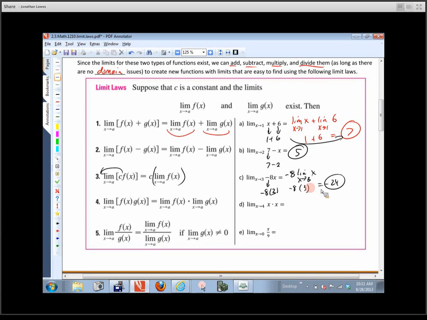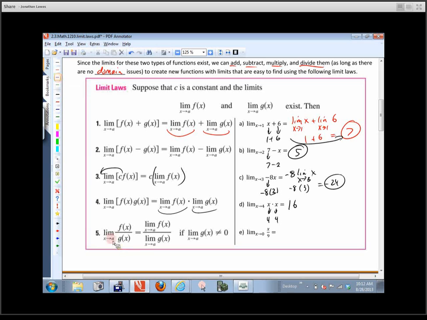Good there? Okay. This one says if we know those 2 limits, you can find the limit of each piece separately and then multiply them after the fact. So if you found the limit of this piece, it would be 4. If you found the limit of this piece, it would be 4. So the answer is 16. Good? Okay.